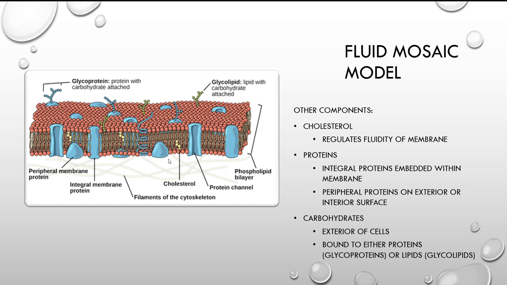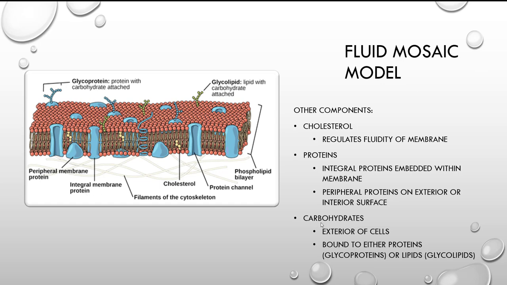We also have peripheral proteins, which are embedded on the surface. They could be on the exterior surface or on the interior surface of the membrane. Those are another component of the mosaic of our membrane.